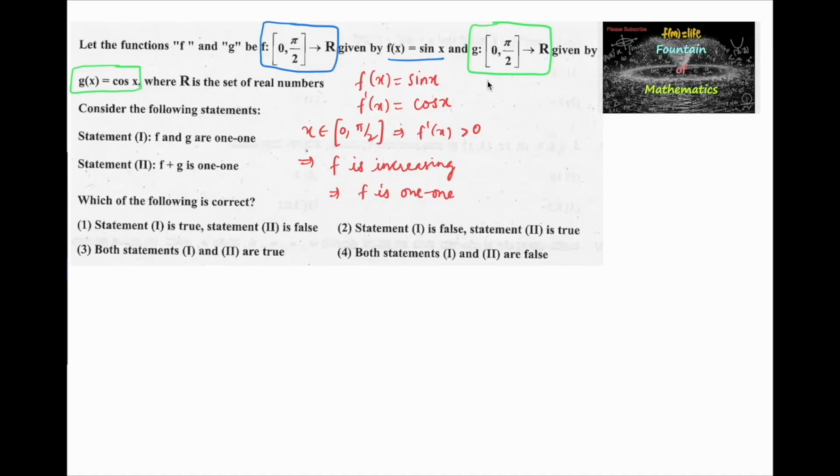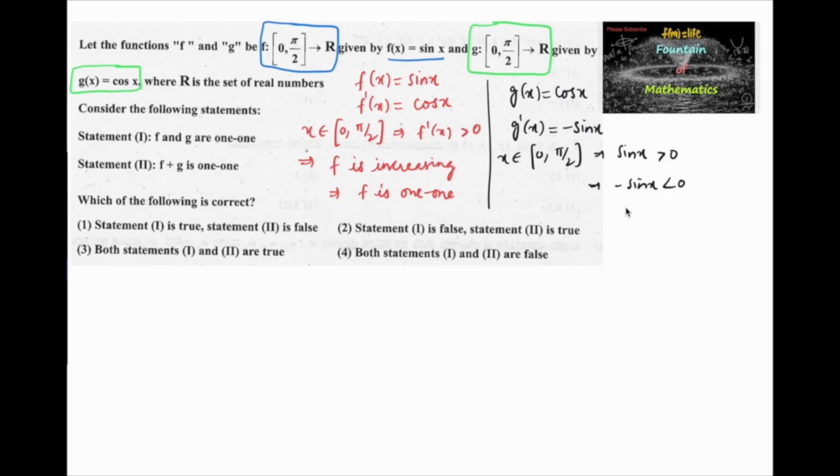And similarly, if we consider g(x) = cos x, then g'(x) = -sin x, and for x belonging to (0, pi/2) in the first quadrant, sin x is positive, which implies -sin x will be negative.